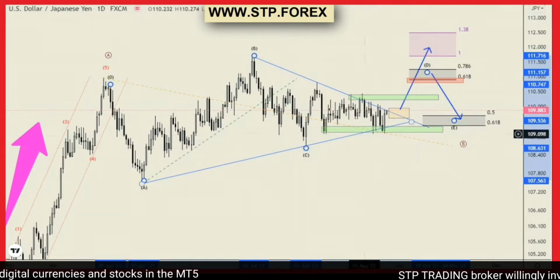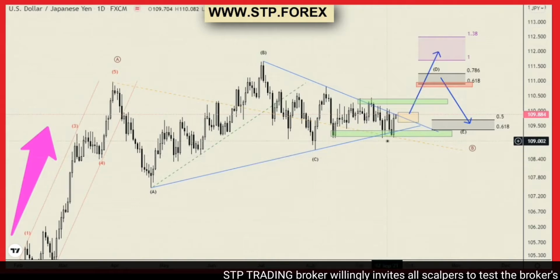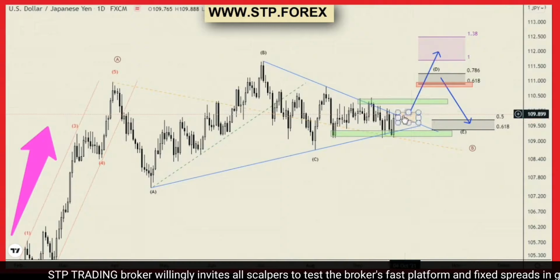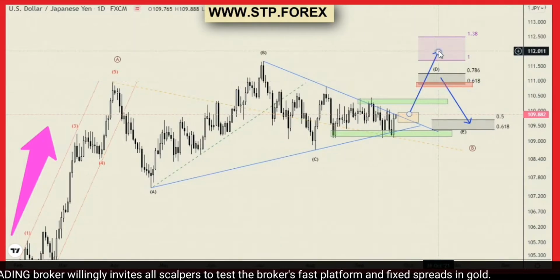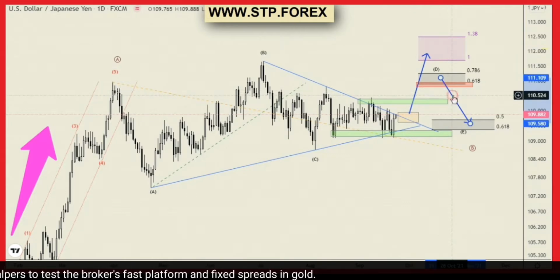To replace the C wave label, you have to give this wave time. After this bullish trend can breach this resistance area, we will expect a correction as A wave.